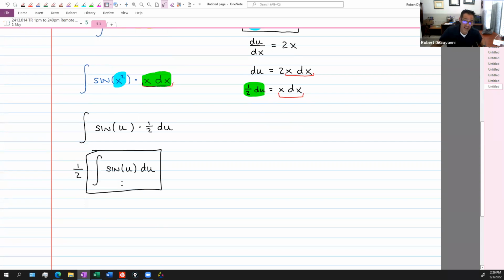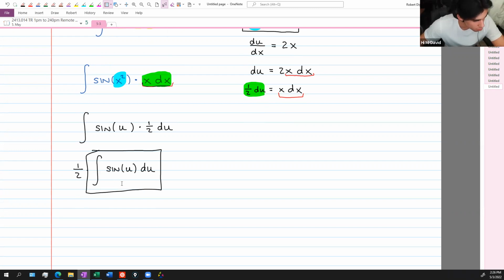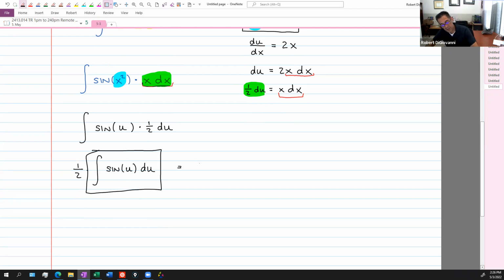So what is the antiderivative of sine of u? Negative cosine of u, right? Which means this should turn into 1/2 times negative cosine of u plus c, which is negative 1/2 cosine of u plus c.